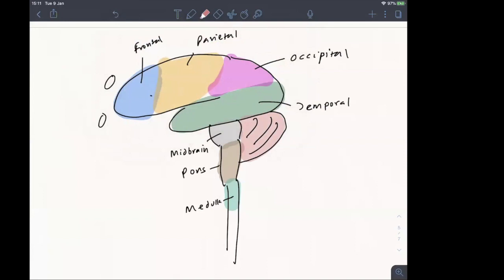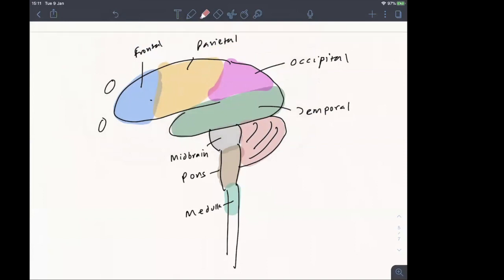Now, why have I drawn all these areas? Because the simple action of you looking towards your right will utilize almost all of these areas, which is why understanding the neural structures of eye movement is one of the most complicated systems, but it is also the most rewarding, because if you can explain how your eye turns to the right, you have probably understood a large portion of neurology, because almost everything is covered in this one single movement.